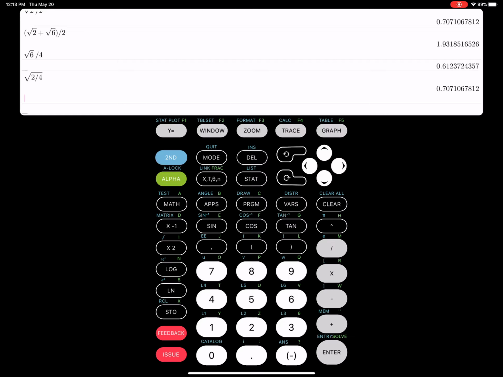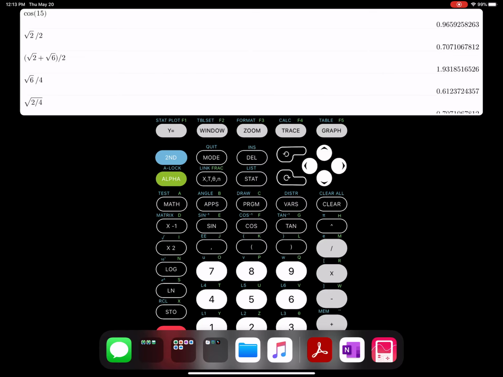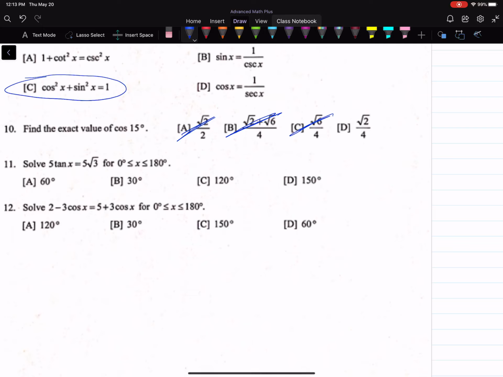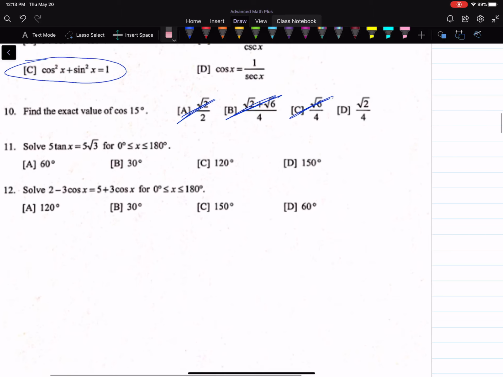Oops, I didn't do that right. And that's wrong too. So what did I do wrong? It was square root of 2 plus square root of 6, right? Oh, it was over 4. So let me go back and try that again.